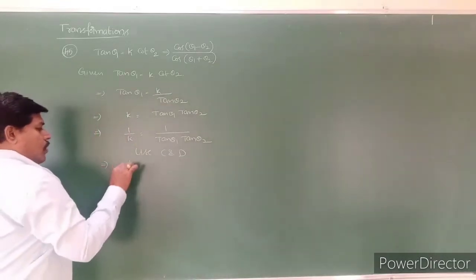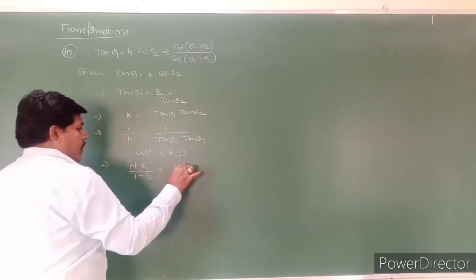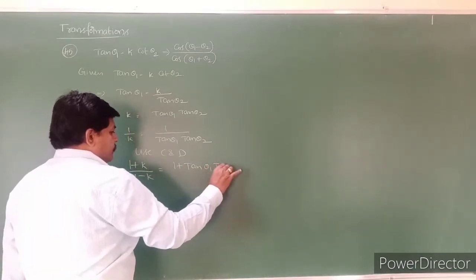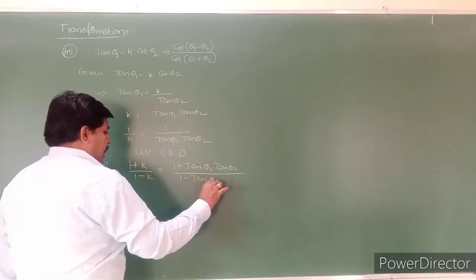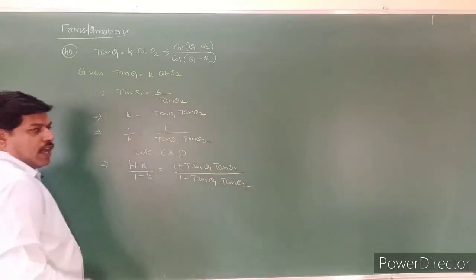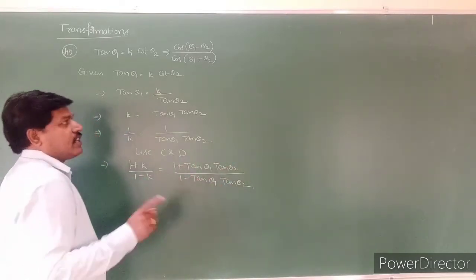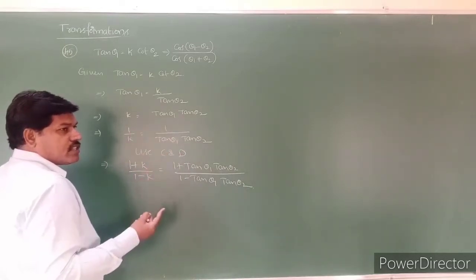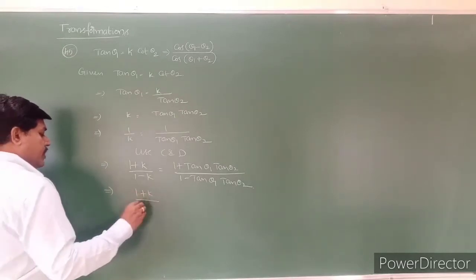So what happens? (1 plus k) by (1 minus k) is equal to (1 plus tan theta 1 tan theta 2) by (1 minus tan theta 1 tan theta 2). I already gave this formula: (1 plus tan A tan B) by (1 minus tan A tan B) is nothing but cos (theta 1 minus theta 2) by cos (theta 1 plus theta 2). Otherwise, you can do one more step also. So that implies (1 plus k) by (1 minus k).